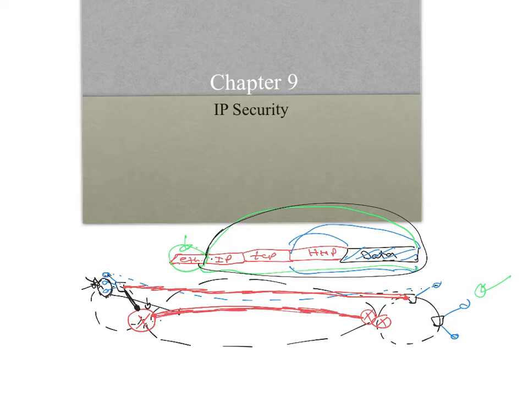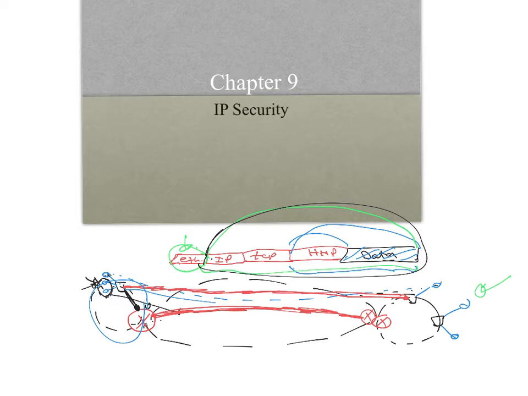Okay? What is the implication of this? Any application running on any host in this network will have to go through this tunnel. Okay? So we can do IP security host to host or network to network, or in some cases host to network.